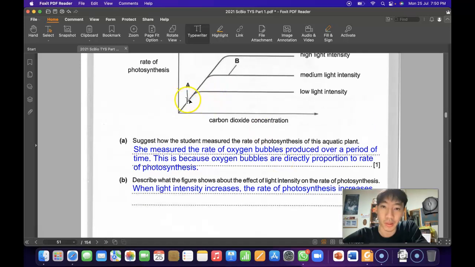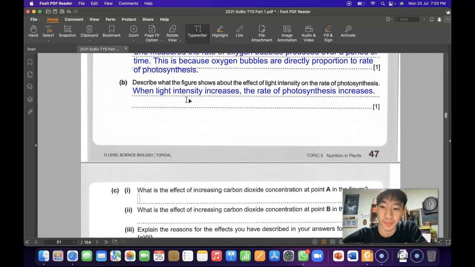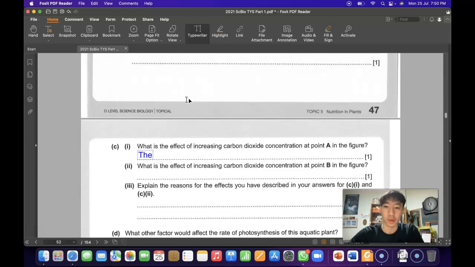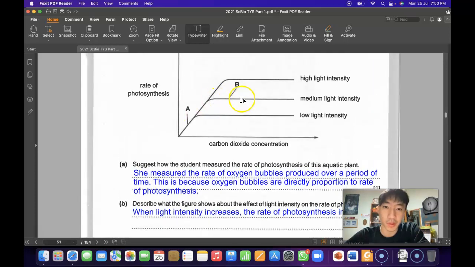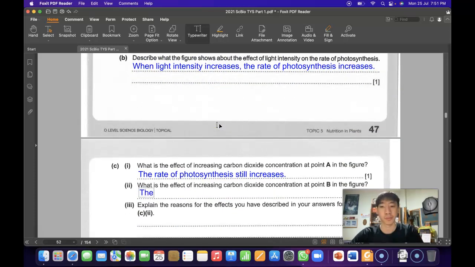If you increase carbon dioxide concentration at point A, the rate of photosynthesis still increases. Then what happens at point B? At point B, even if you increase the carbon dioxide concentration, the rate of photosynthesis remains constant.